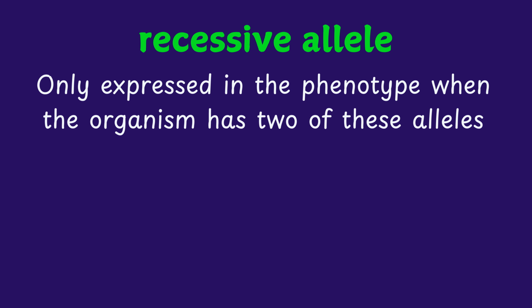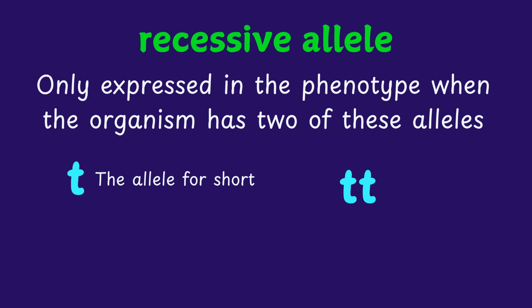The next word is recessive allele. The recessive allele is only expressed in the phenotype when the organism has two of these alleles. The recessive allele is represented by lowercase letters. For example, small t, and this would be for short. Remember that each characteristic has two alleles, one from the egg cell, one from the sperm cell.